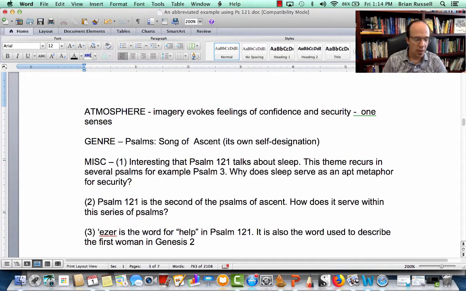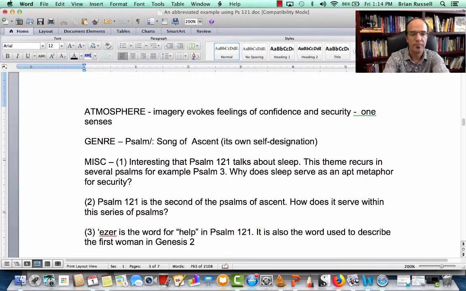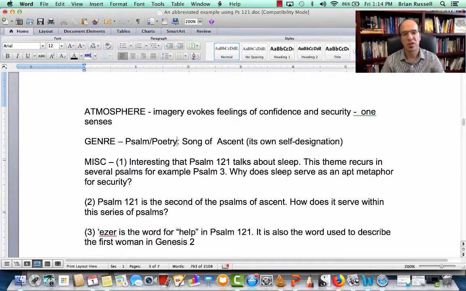Now, genre. This is a psalm, so it's poetry. If you take a Psalms class, we can break these things down a little bit more. I called it a song of ascent. It can also be a song of trust. But the main idea is that this is poetry. If you're taking Matthew's Gospel or Pentateuch or historical books, you won't just have poetry.